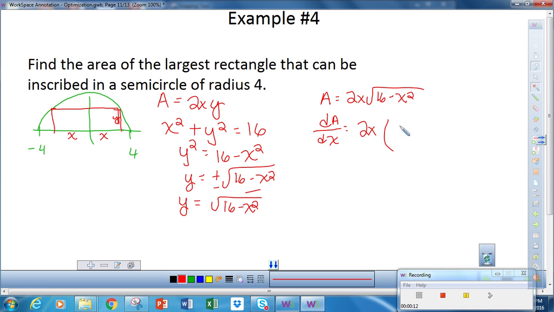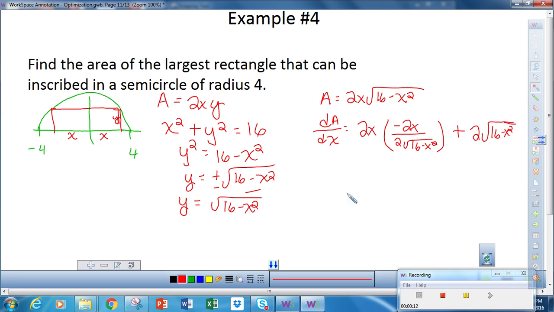I take the derivative of the inner function, negative 2x, over 2 square root of 16 minus x squared, plus, keeping the second function the same and taking the derivative of 2x, I get 2 times the square root of 16 minus x squared.